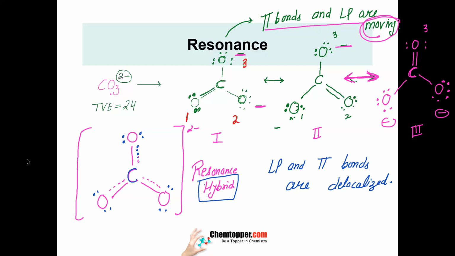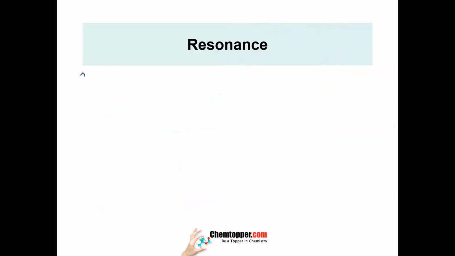Now the question can be like this. SO4 2 minus. So you draw the Lewis dot structure. We have already done it. There are 4 oxygen. 2 of the oxygens are with 3 lone pairs and a negative, like this.